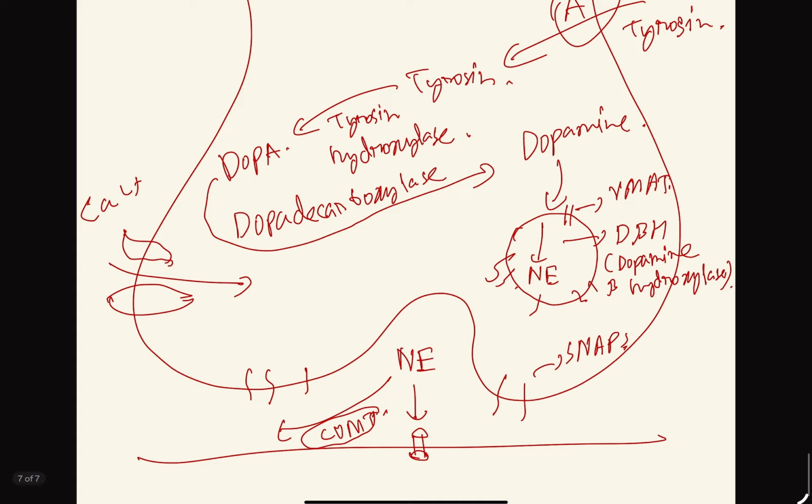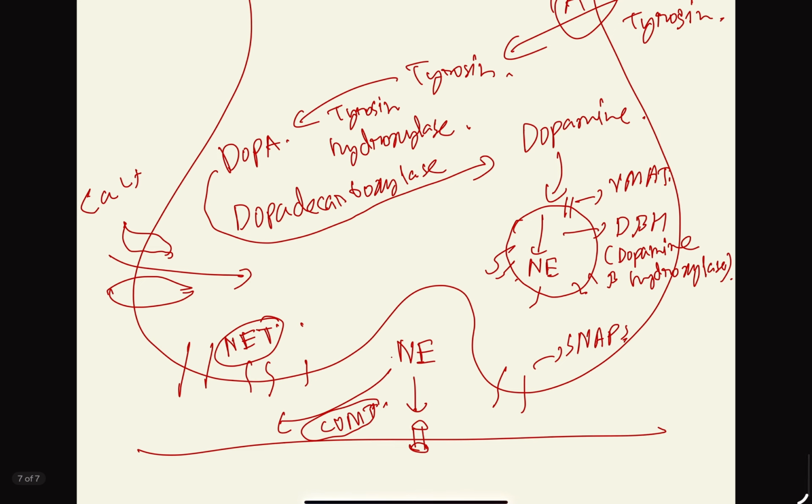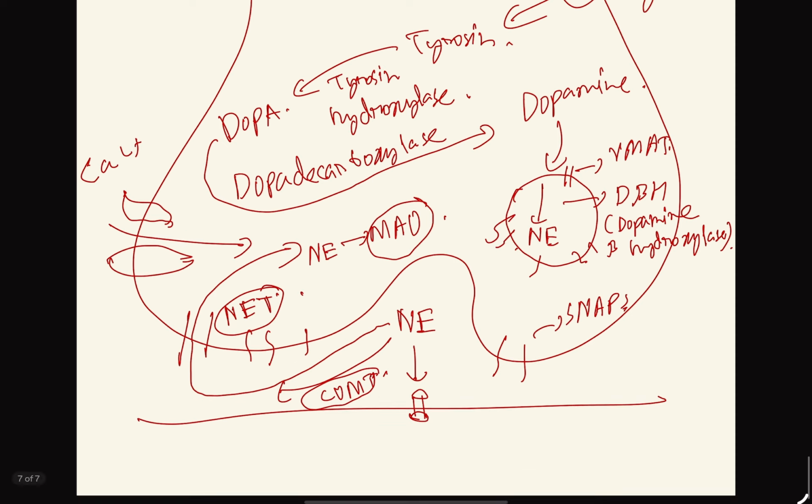And there is also a norepinephrine transporter, also called reuptake 1. By this norepinephrine transporter, norepinephrine gets into the presynaptic nerve terminal again, and here it can be metabolized by monoamine oxidase.